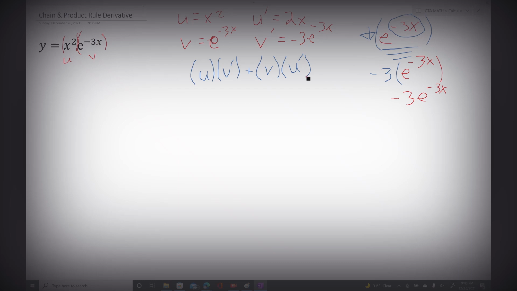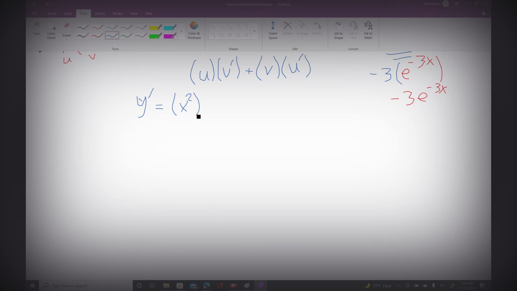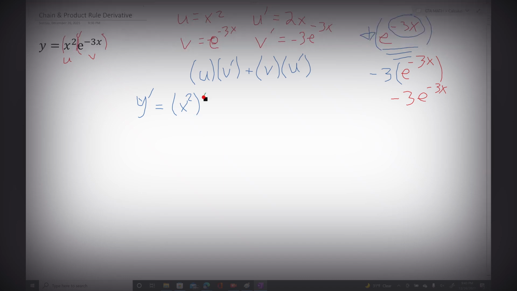So when we get here, we're going to say, okay, y prime equals u, which is x squared. And I'm going to use the derivatives in different colors just to make things look a little cleaner. V prime, which is negative 3e to the negative 3x.